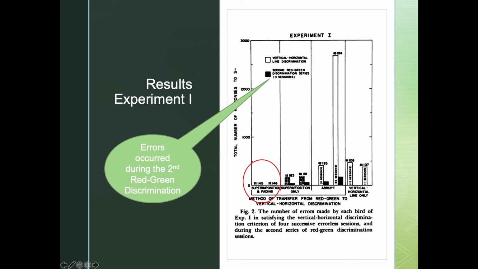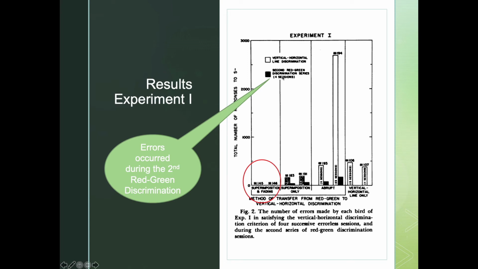Now, of course, some of the other ones produced pretty accurate responding as well, and fewer errors to the S minus. There was also a follow-up here where after this sort of superimposition and fading, they went back to the red-green discrimination. So you see in the dark bars, it is the second red-green discrimination that's being plotted. The white bars are the vertical line discrimination.